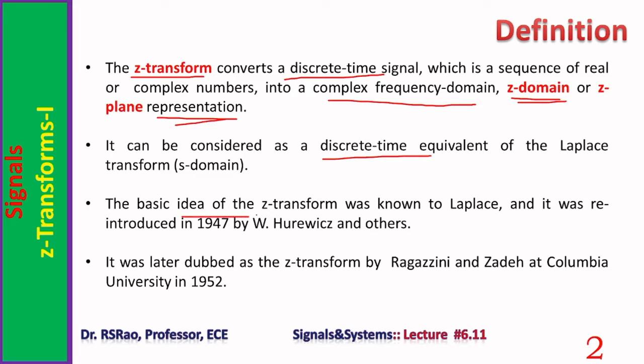The basic idea of a Z transform was known to Laplace. It was reintroduced, however, in 1947 by W. Burbidge and others. Later, it was dubbed as Z transform by Ragazzini and Zadeh at Columbia University in 1952.